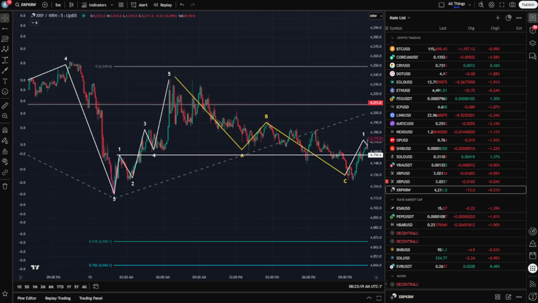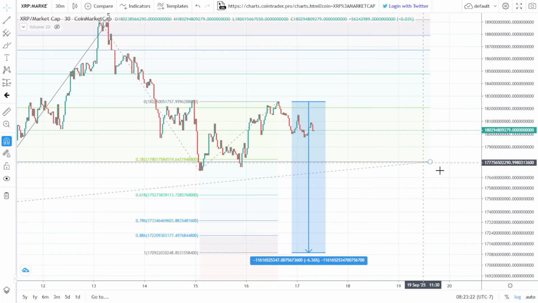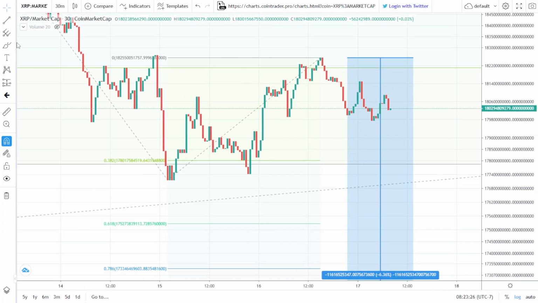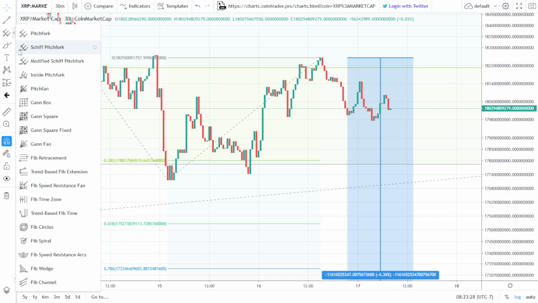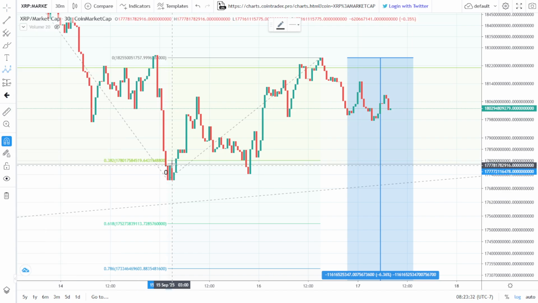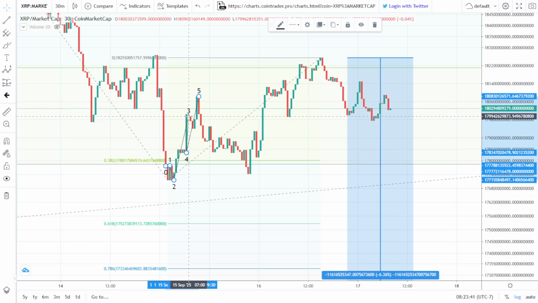Now we jump over to the USD pairing market cap chart, and lo and behold, you have the same circumstance here yet again. So you have these 5 waves that get manifested here, and you can see that we have the completion of the 1, 2, 3, 4, and 5, or maybe even we pull this up to the 3.